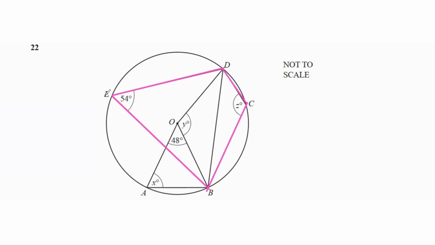As you can see, points E, D, C, and B, all 4 are touching the circumference, which means it's a cyclic quadrilateral. In a cyclic quadrilateral, opposite angles add up to 180, which means 180 equals 54 plus z. So if we subtract 54 from 180, that gives us the value of z, which is 126 degrees.